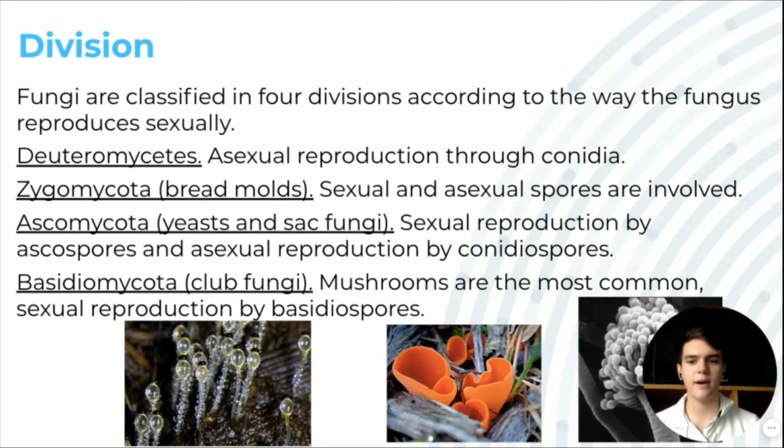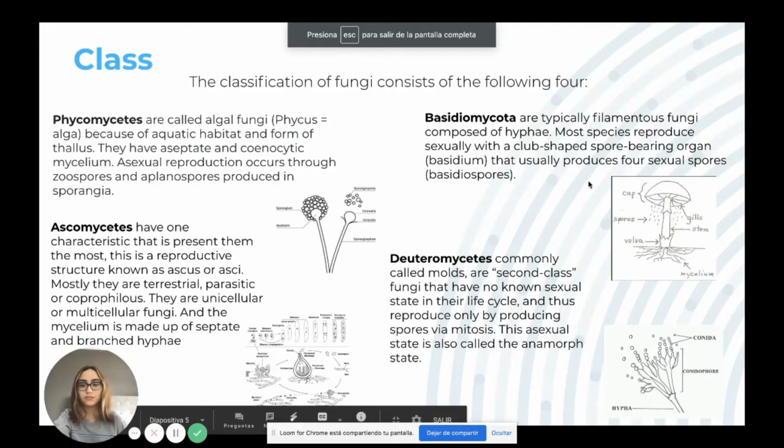Then we have ascomycota, which are yeasts and sac fungi. These reproduce sexually by ascospores and have another asexual reproduction by conidiospores. And our last division is basidiomycota, which are club fungi. Mushrooms are the most common type of basidiomycota fungi, and these have a sexual reproduction through basidiospores.